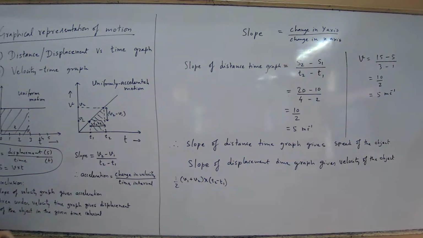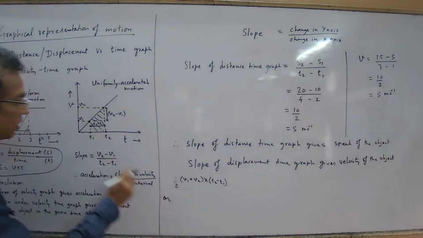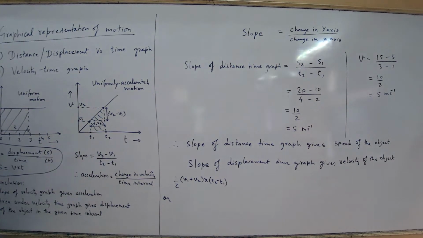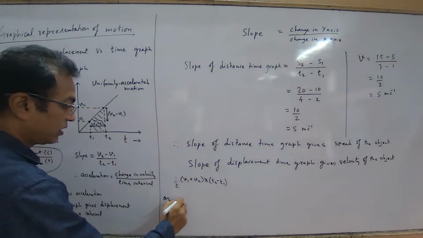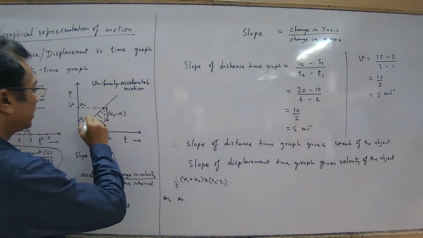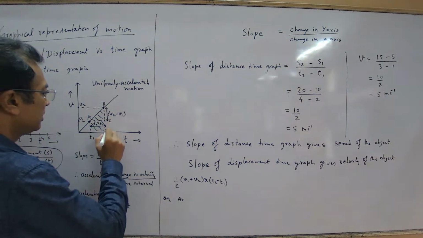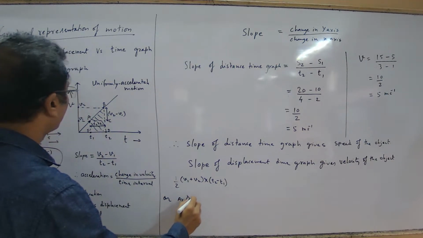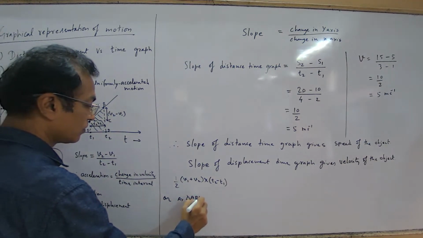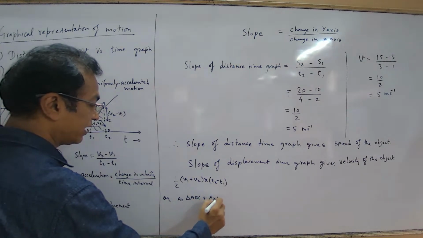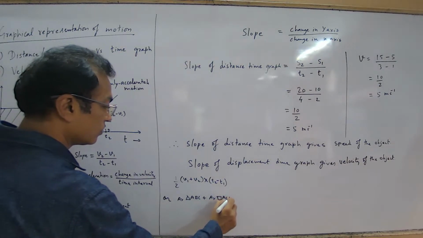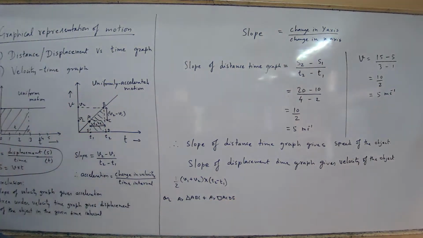Or you could have done it in different ways. You divide this trapezium into a rectangle and a triangle. Let's call the points A, B, C, D, and E. So it is the area of triangle ABC plus the area of rectangle ACDP. Correct?